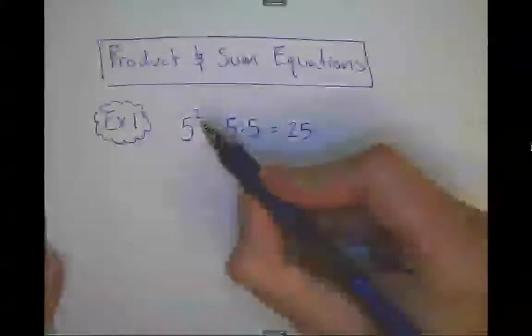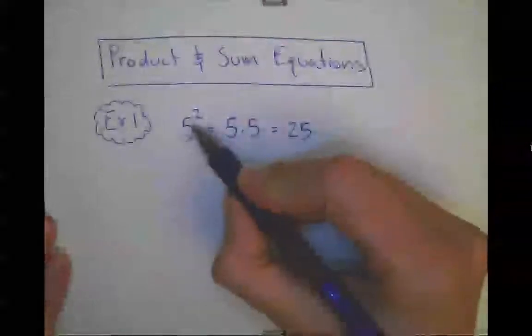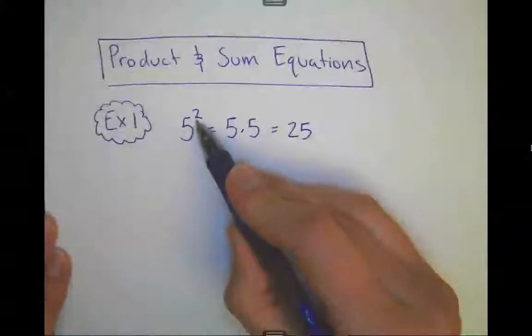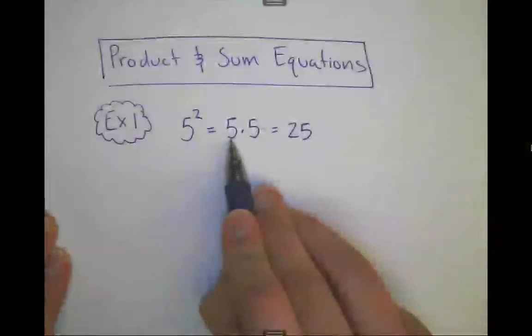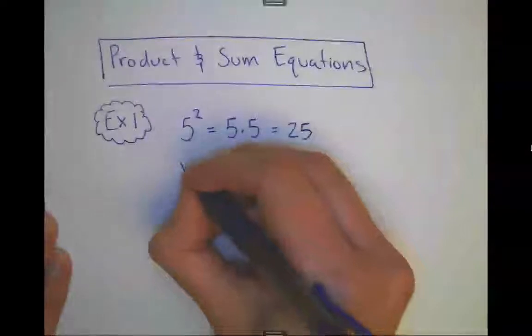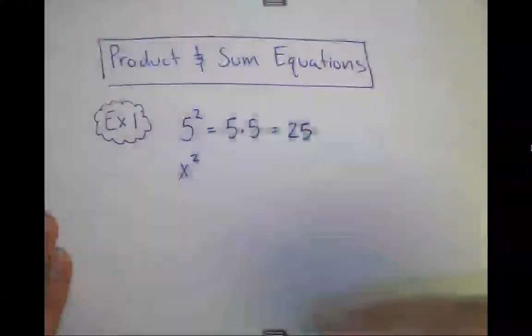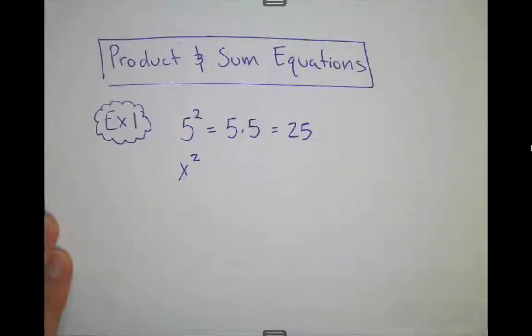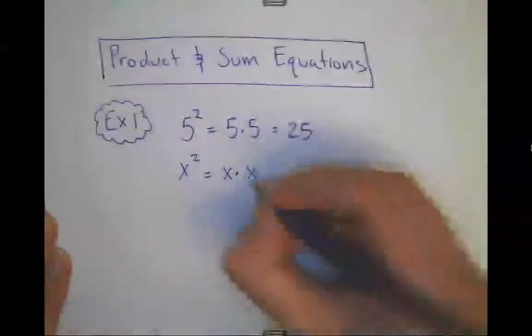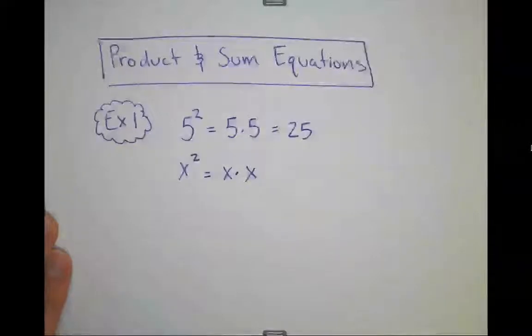A few of us are still making the mistake of saying 5 times 2 is 10, and we really shouldn't do that. 5 squared, 5 to the second power, means multiply 5 times 5. So if I told you I had x squared, logically, that should mean the same thing, x times x.